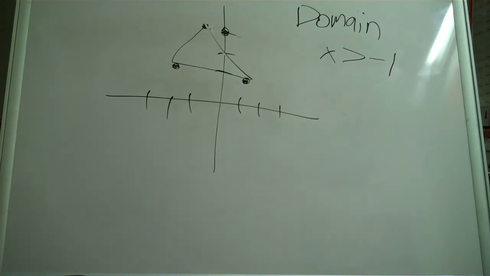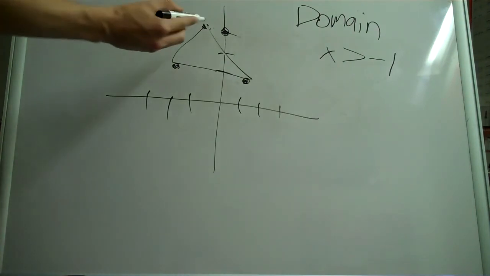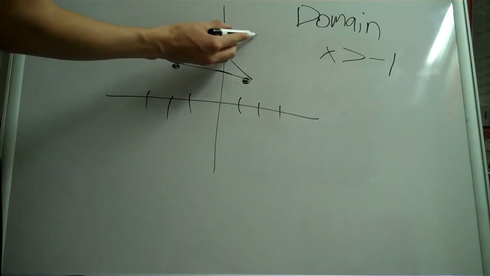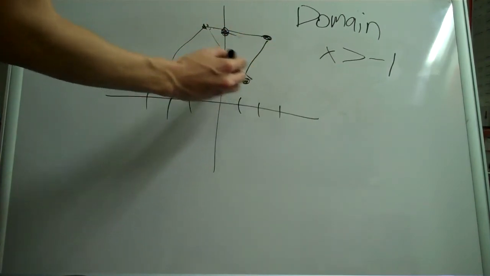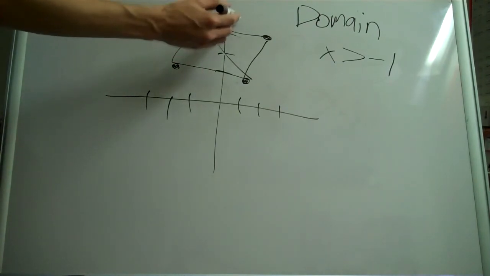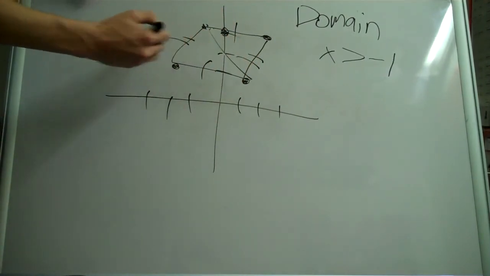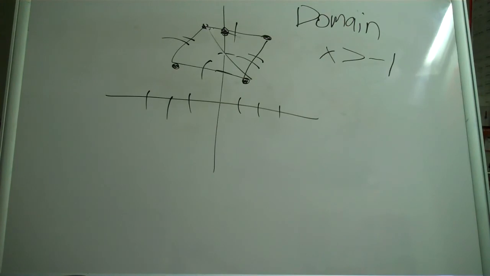Now, we're actually not done. If you move this point outward enough, what kind of shape takes place here? Look, it's a parallelogram. And we don't want a parallelogram. We want a trapezoid. A parallelogram is two sets of parallel lines.